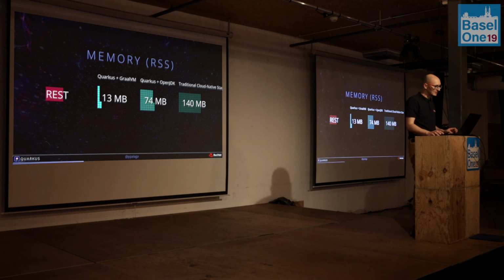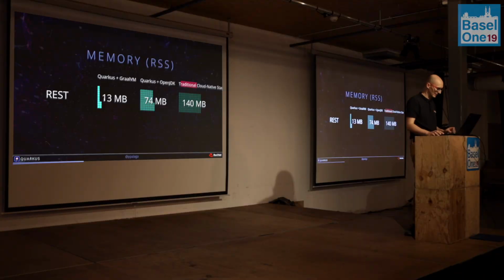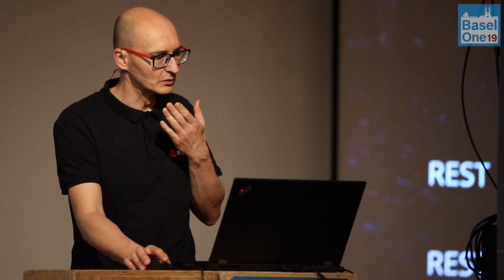When we run in the JVM mode, we are around 74, and compared to some traditional cloud-native stack, you are roughly 10 times more than the native. If you add JPA using Hibernate to the mix, the numbers are a bit different, but the general idea is like this.